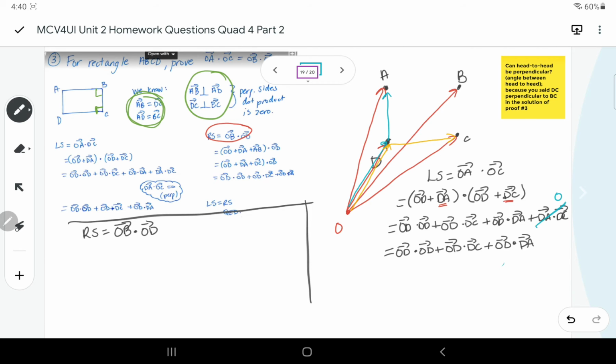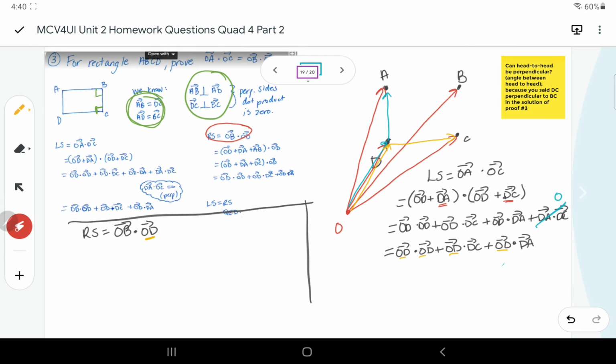Now I like the fact that I'm always looking to the left side or the right side and seeing what stuff I have in common, right? I have an OD, and I have a lot of stuff involving OD on the first piece of the proof that I did.